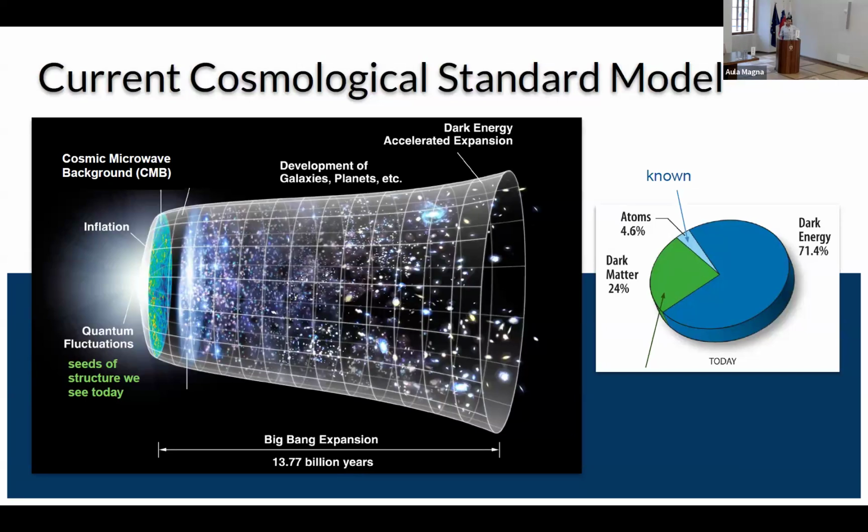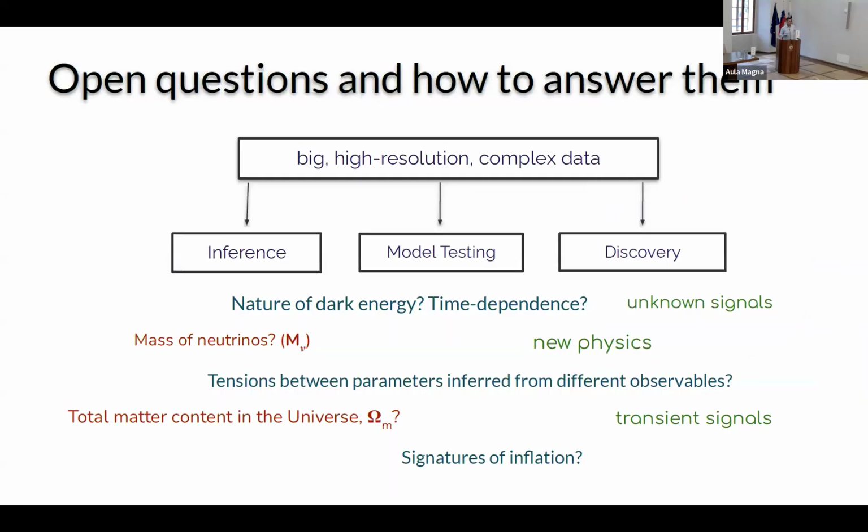We also have a standard model of what the universe is made of, and it has a quarter of dark matter, 5% of atoms, and 70% or so of dark energy. Nevertheless, there are still a lot of open questions that we would like to answer, but with the new data, with new observations.